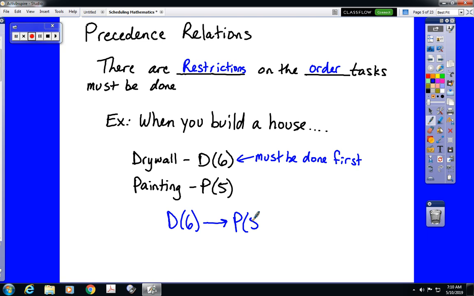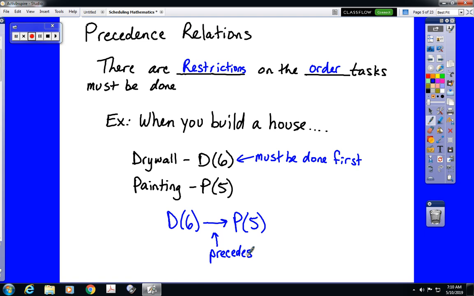It's a type of symbol to indicate that D must precede P. You must drywall before you paint, okay? You can't paint walls that aren't there.